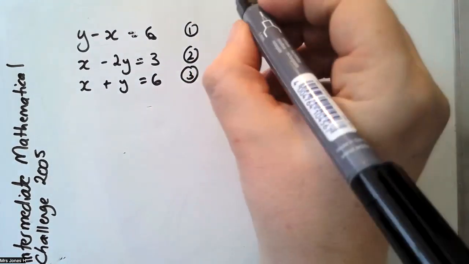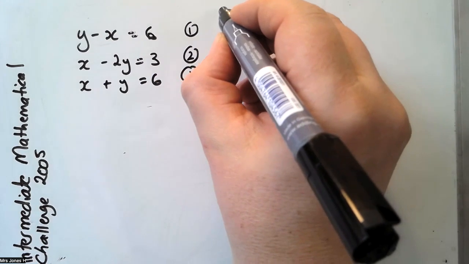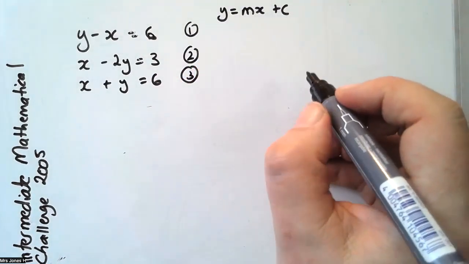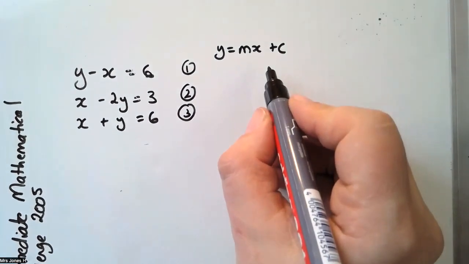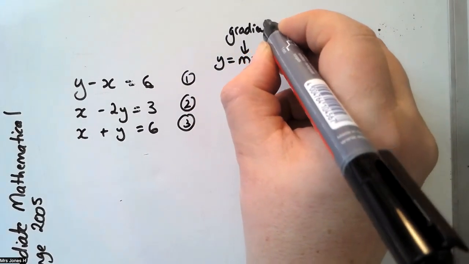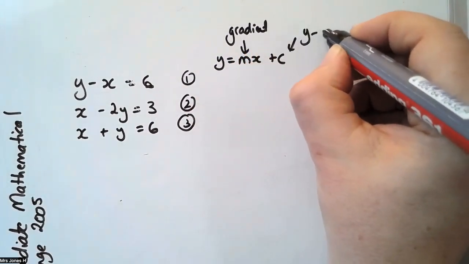So first thing I'm going to do is write these equations in the form y equals mx plus c. This is the equation of a straight line where this is the gradient, this is the y-intercept.